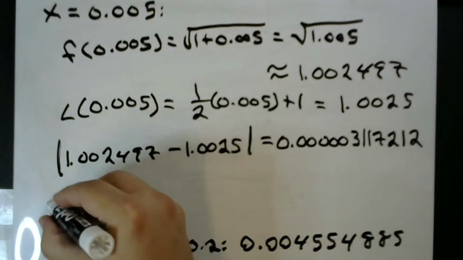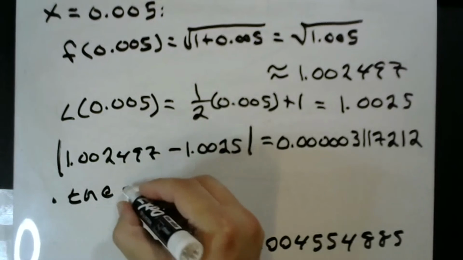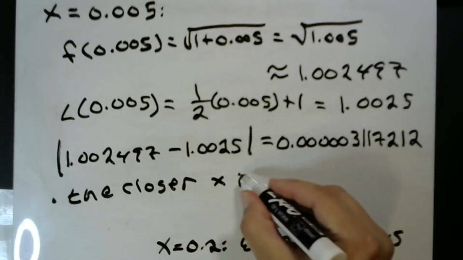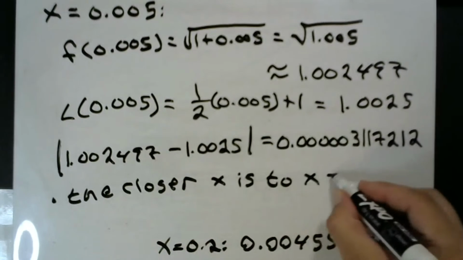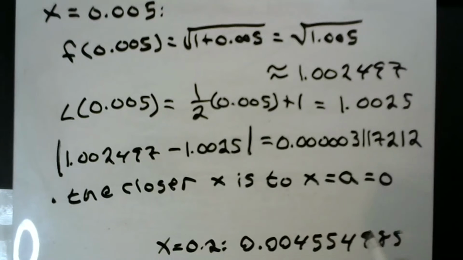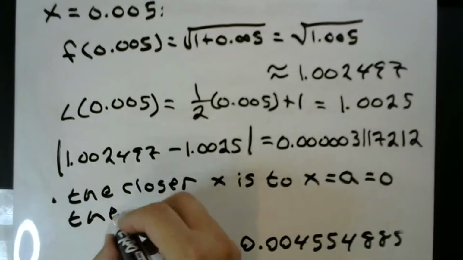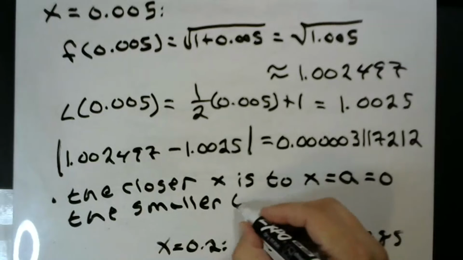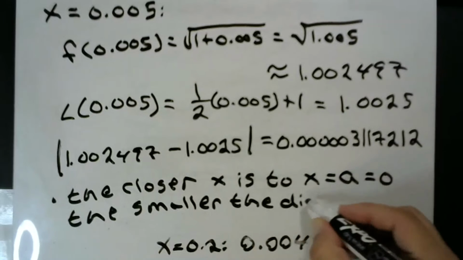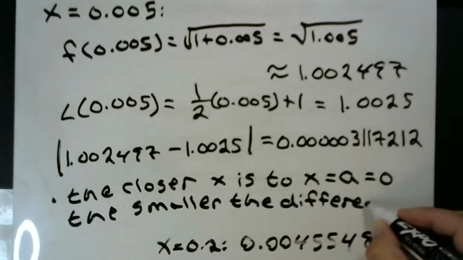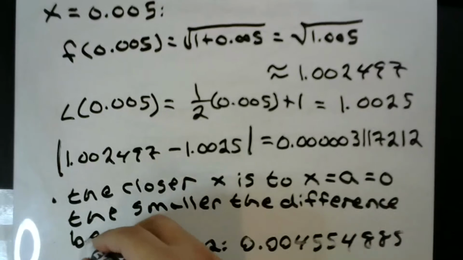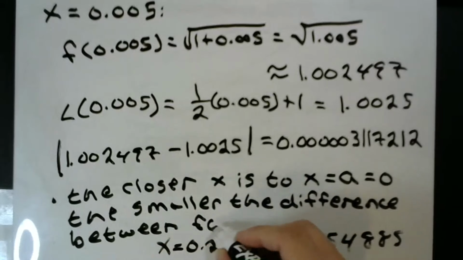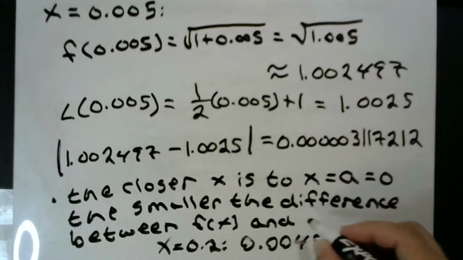So what this basically says is the closer x is to x equals a, in this case, x is equal to 0, the smaller the difference between f of x and L of x.